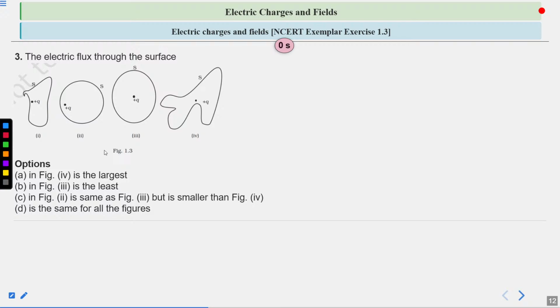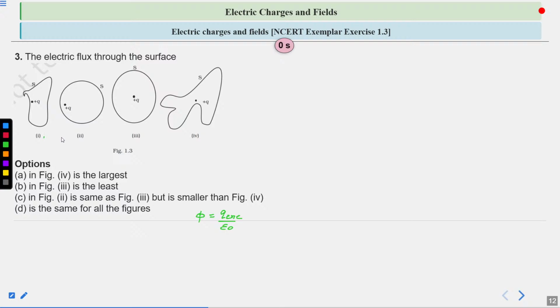So here, what is electric flux? According to Gauss theorem, phi is equal to Q enclosed divided by epsilon naught. It means total charge enclosed by the closed surface divided by epsilon naught. Yes or no?